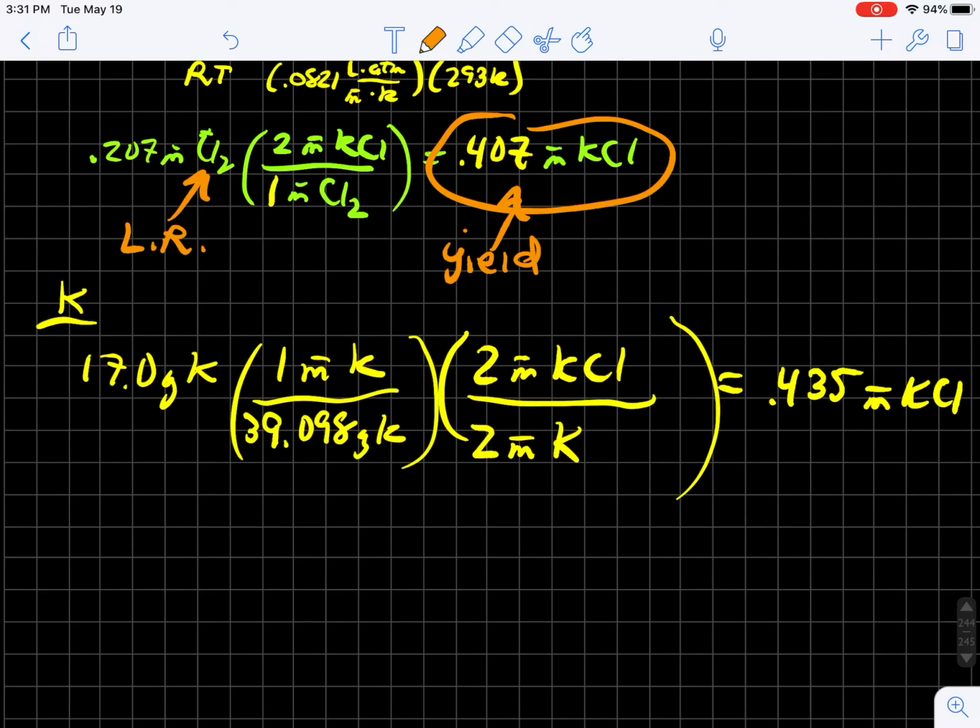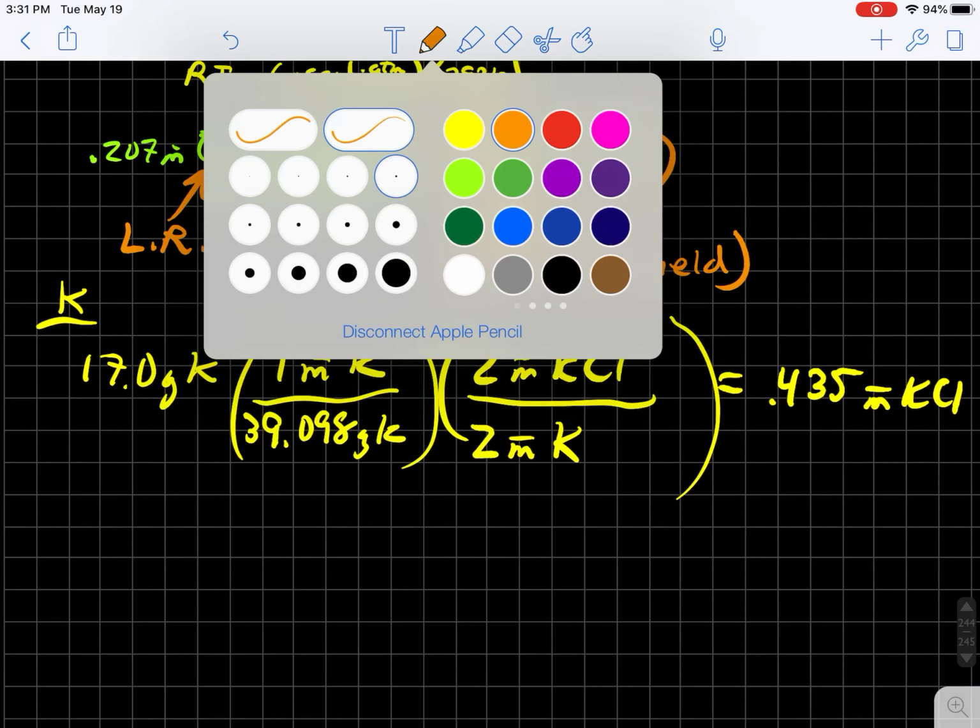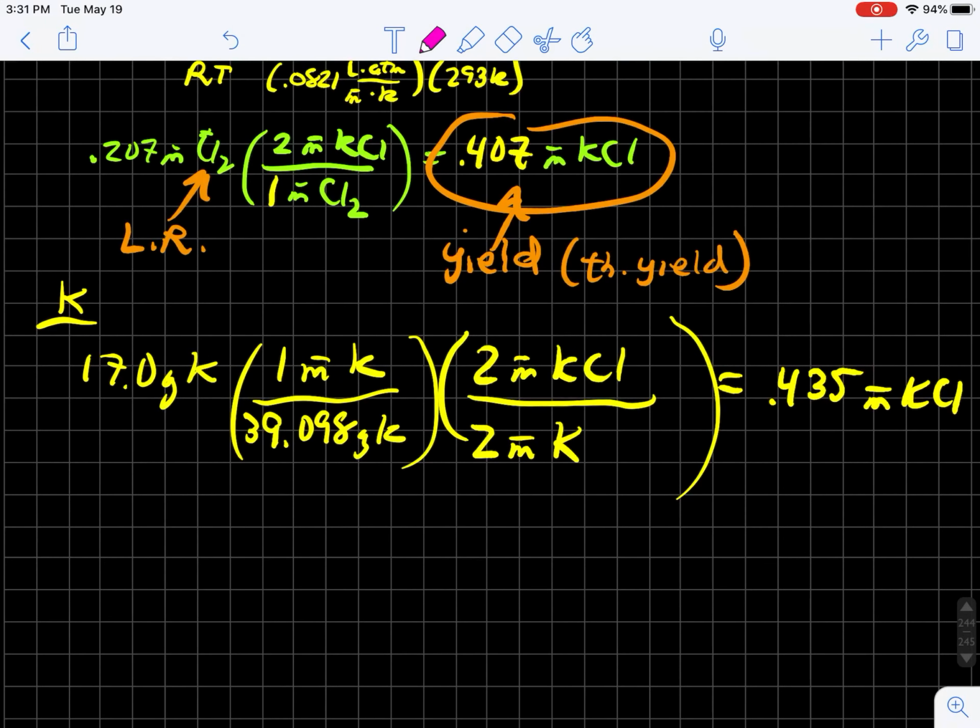And now that I know that this is my yield, I also have to know that this is theoretical yield. And we said that the student collected 26.8 grams, so we can do percent yield is equal to, oh man, not a good day for me. I'm sorry.